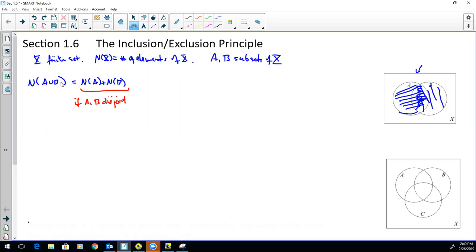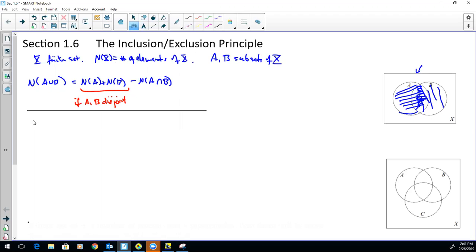So the number in the union of A and B is the number in A plus the number in B minus the number in the intersection. And this is the simplest version of the inclusion-exclusion principle. You can tell just by looking at the Venn diagram why it makes sense. You just don't want to count anything twice.